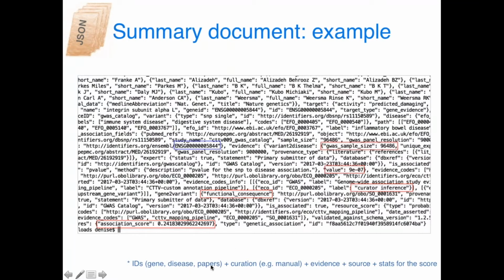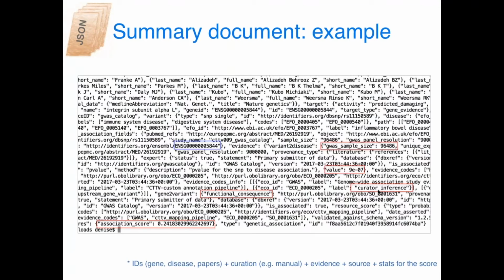We also highlight whether or not there are any papers for those genes or diseases, so that information is also captured in our JSON file. We also highlight the type of curation, whether or not that piece of evidence is manually curated. And then we give more details on the evidence itself.